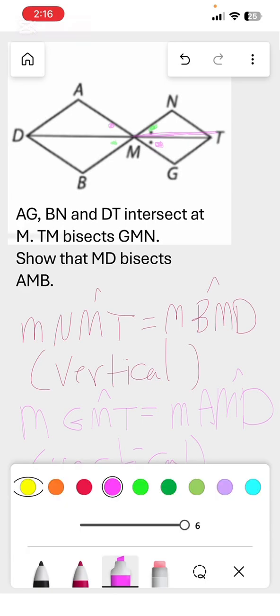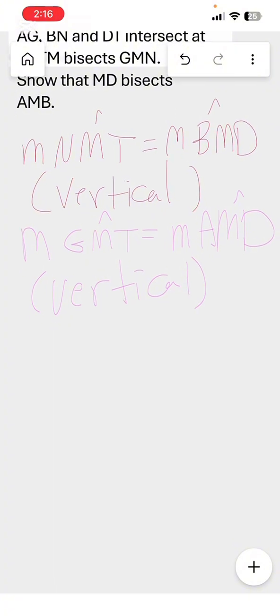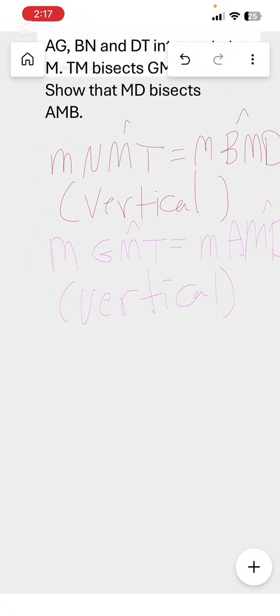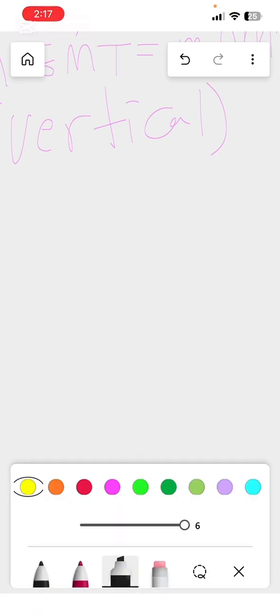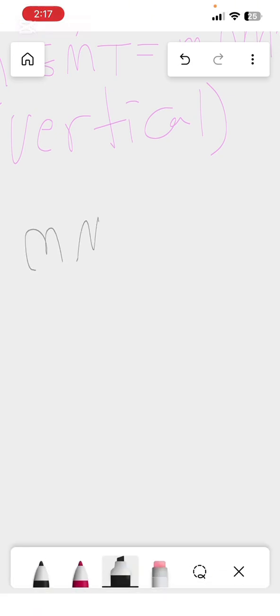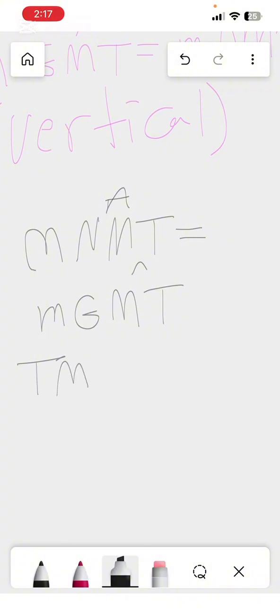So we will write the measurement of angle NMT is equal to the measurement of GMT, because TM, as given in the question, bisects angle GMN.